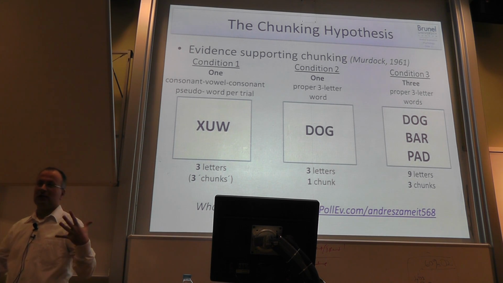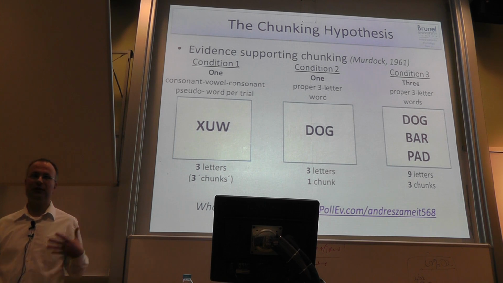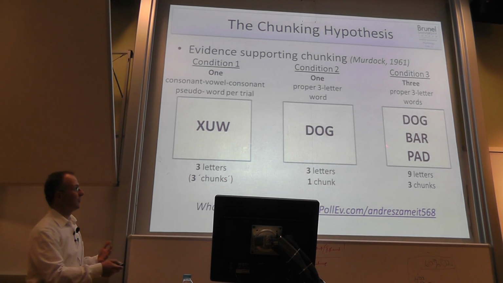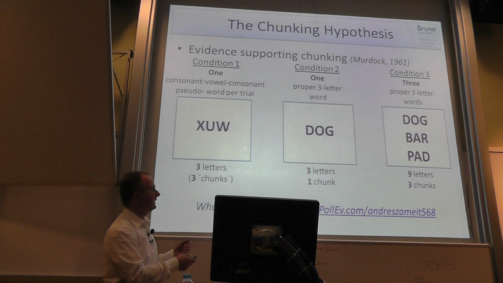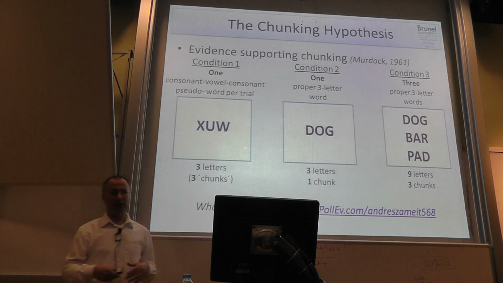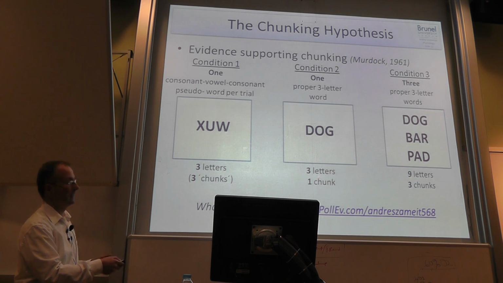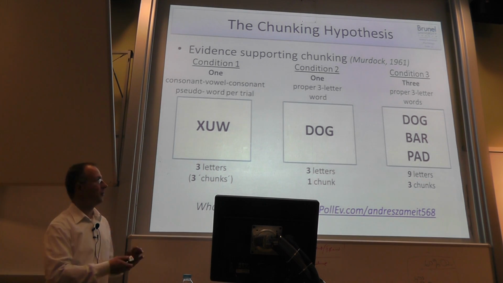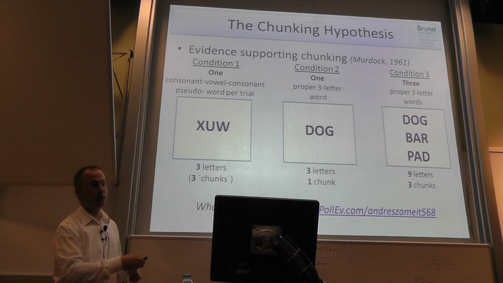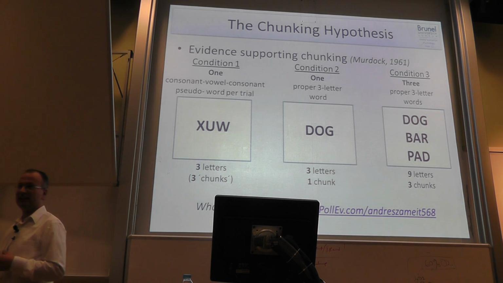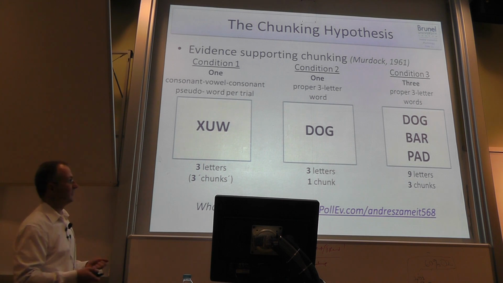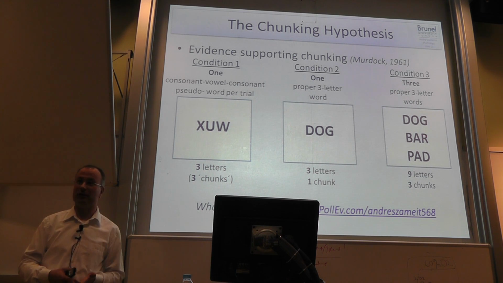So if you measure information content in form of letters, you have more information to remember here than here. And if you measure it in forms of chunks, then you also have more here than here. So these two should not be the same if you think that chunking takes place. Actually, these two should never be the same.